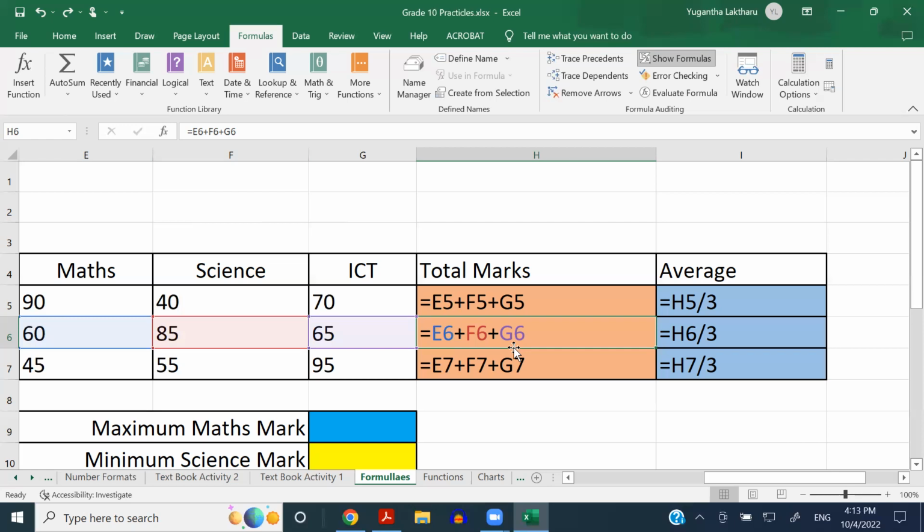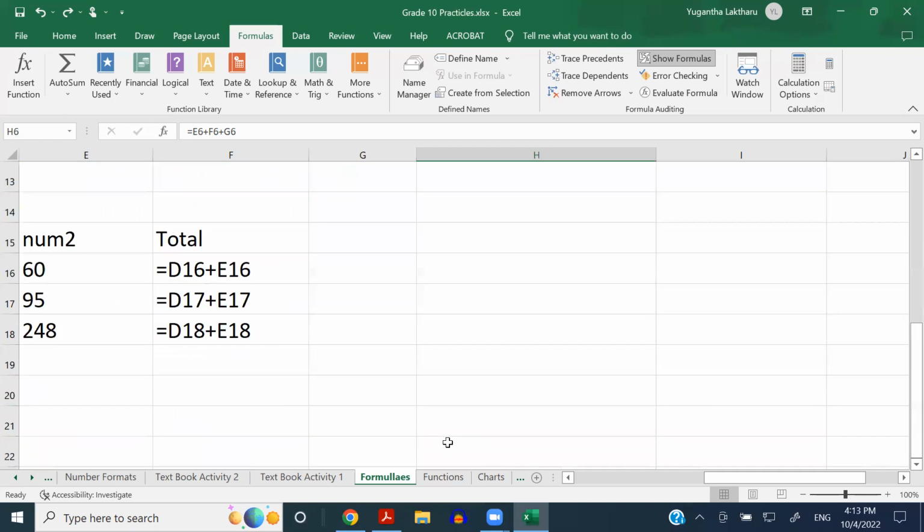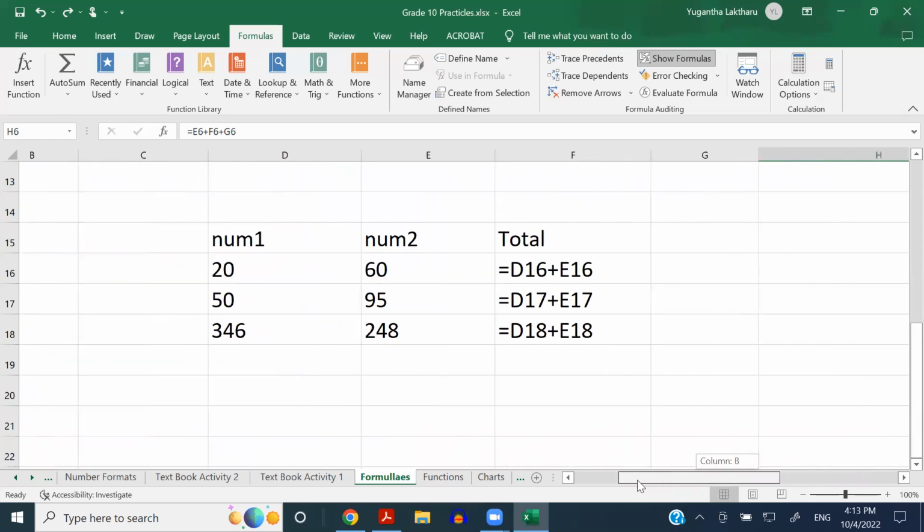So in relative reference, what is happening is it changes the cell addresses according to the place that we are going to copy. Let me show you something interesting, right?